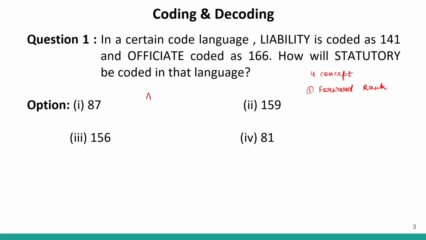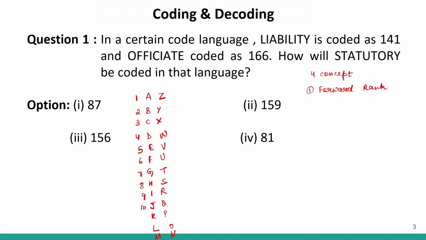For example, I'm writing the alphabets like this: A, B, C, D, E, F, G, H, I, J, K, L, M, N, O, P, Q, R, S, T, U, V, W, X, Y, and Z. When I assign them numbers in increasing order, A is 1, B is 2, C is 3, and so on up till Z is 26.